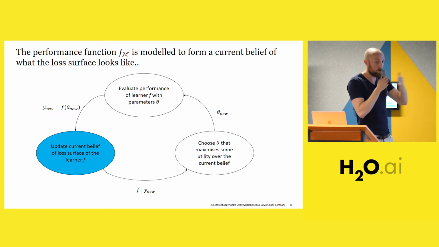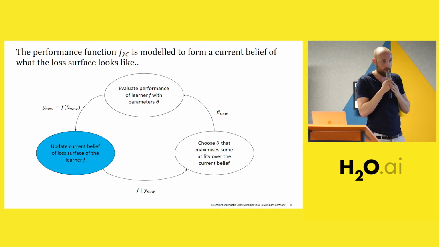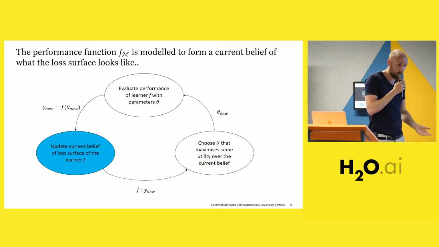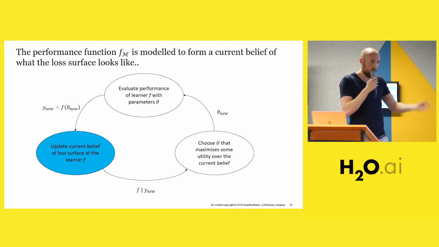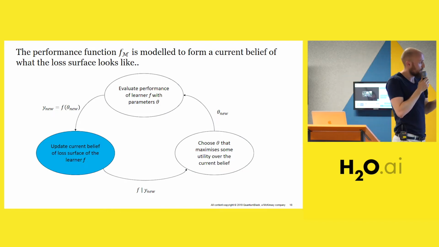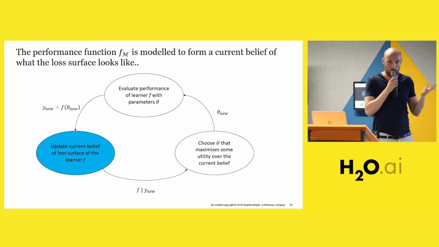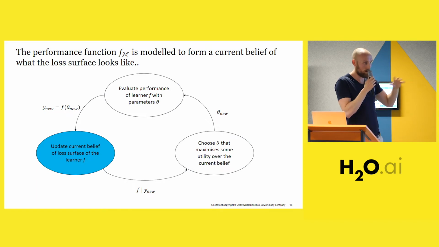That's what I call here my current belief of the performance metric. You can do this with Gaussian processes, you can do this with random forests. There are many ways in which you can do this. But the idea is you have this probabilistic model that gives you an expectation of what the loss surface looks like.